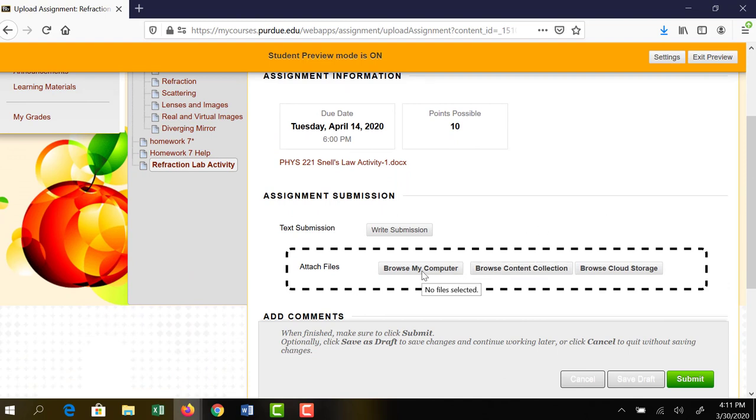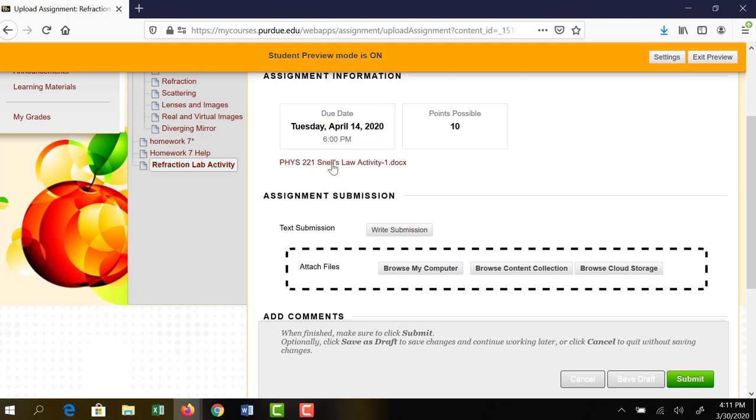If you have an electronic copy, which you should, save it somewhere on your computer, and then you can just upload it here. If you can't figure that out and you want to email it to me, that would be fine too. It's just for me to keep track of everything, it's easier if you actually just upload it here. It's not actually due until Tuesday the 14th, so plenty of time to work on this.